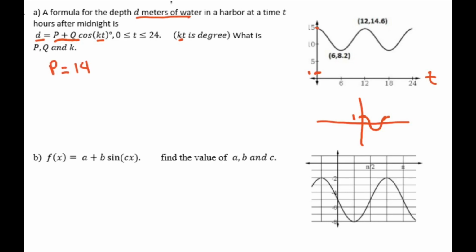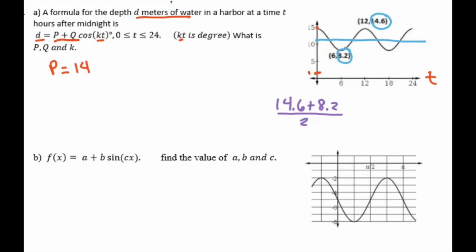Our Q is the amplitude. So remember, that's just kind of like the middle here. And what you do is you add these two numbers here to get your exact amplitude and divide by 2. That's your midpoint. So we do 14.6 plus 8.2 divided by 2.